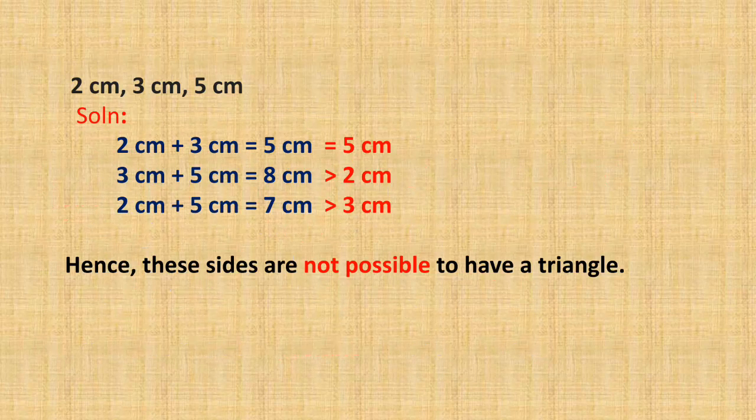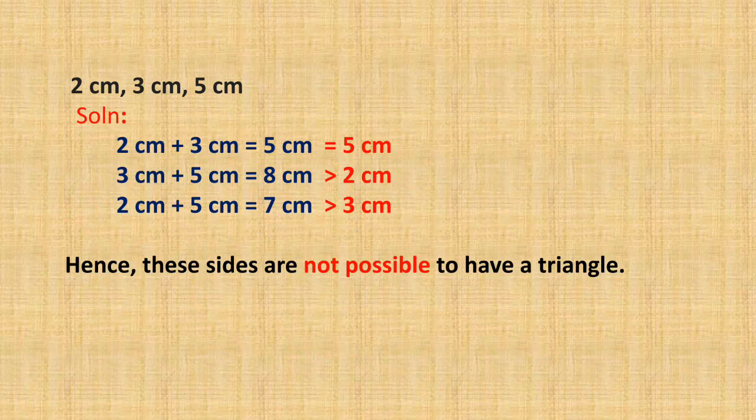Then next possibility, 3 plus 5 equals 8, greater than the third side 2. Third possibility, 2 plus 5 equals 7, greater than 3.